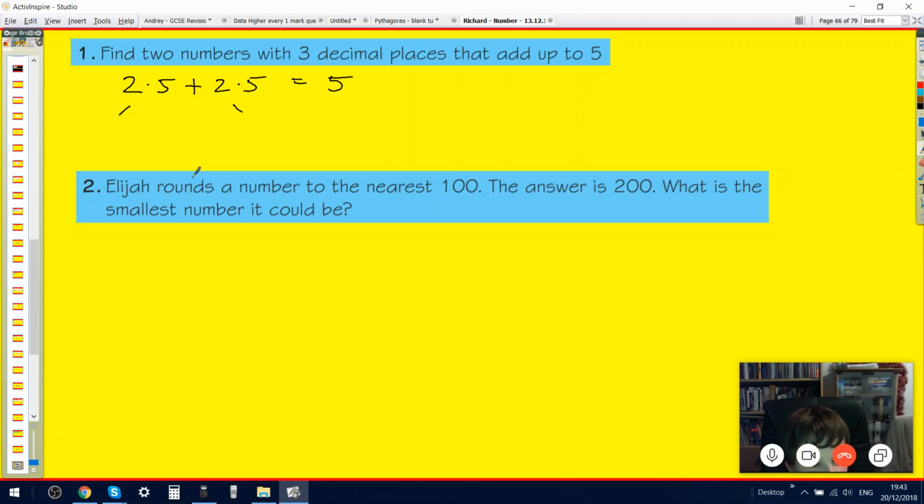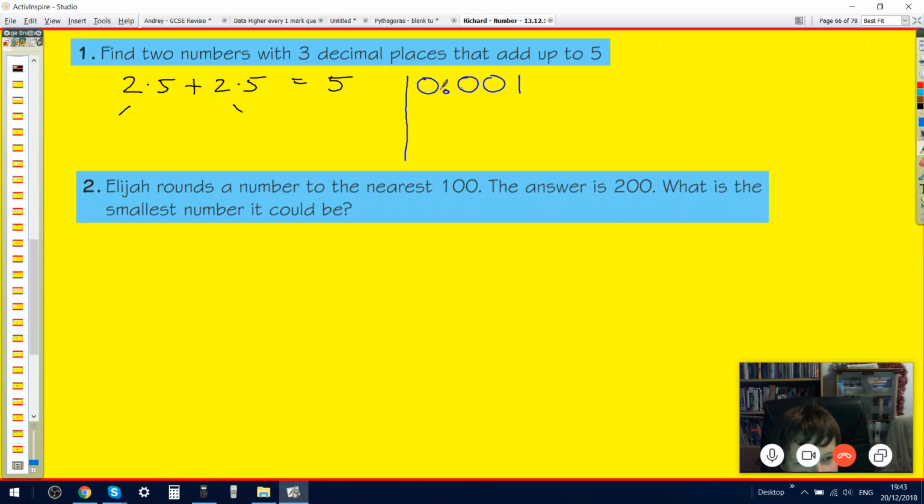Well, first 2.5 to make it smaller. You could put maybe for the small one you could put 2 zeros on, or maybe for the other one. So the way I would do this is, a number that has 3 decimal places, that's rounded to the nearest 0.001.